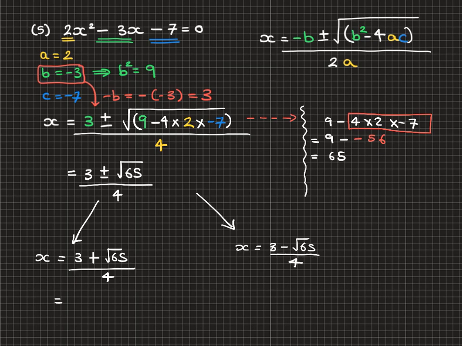Input them separately into your calculator and check that you get the correct answers. So you should find that you get an answer of 2.7655 ... or 2.77 to 3 significant figures, and your other answer is negative 1.2655 ... or negative 1.27 to 3 significant figures.